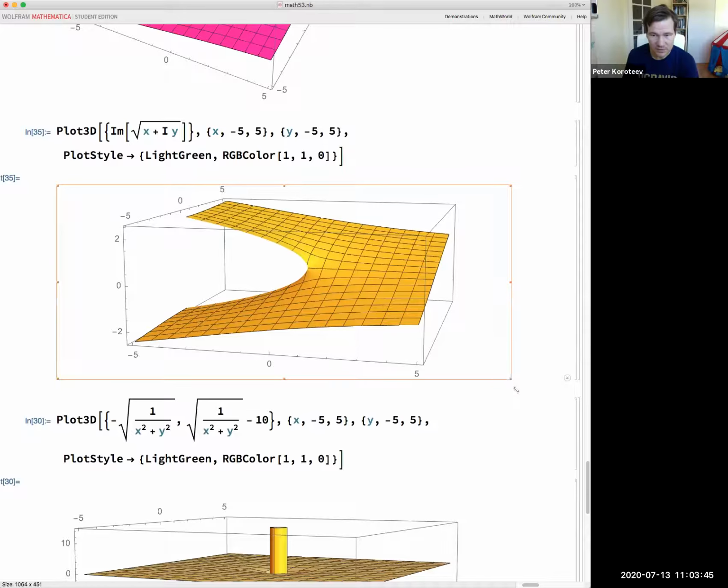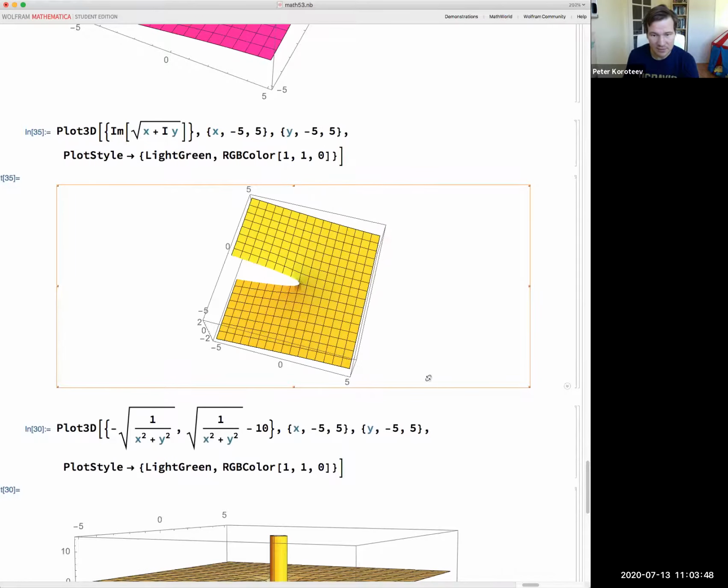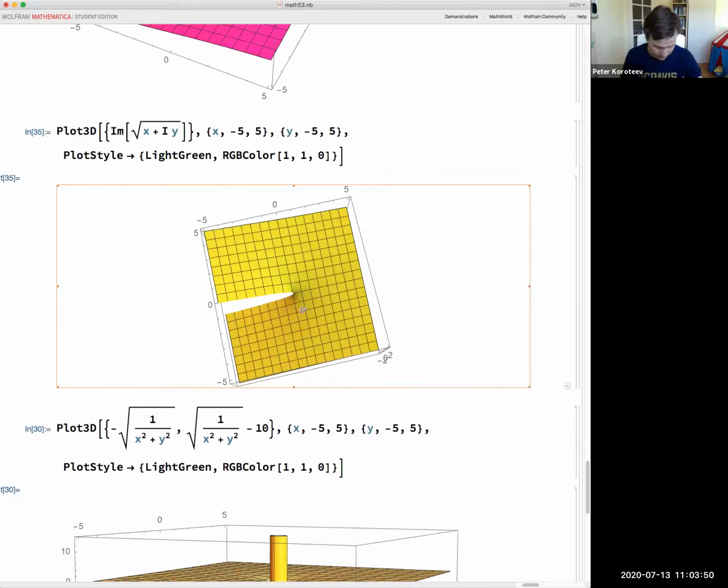It's continuous everywhere except here, which is the negative x-axis, except on minus infinity to 0, including 0. At this branching point, it's also discontinuous.